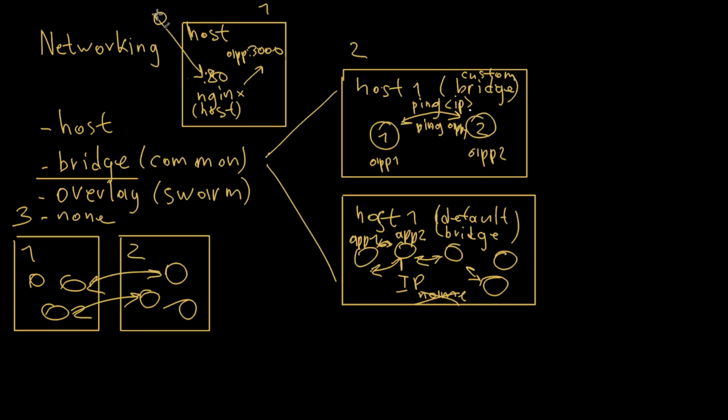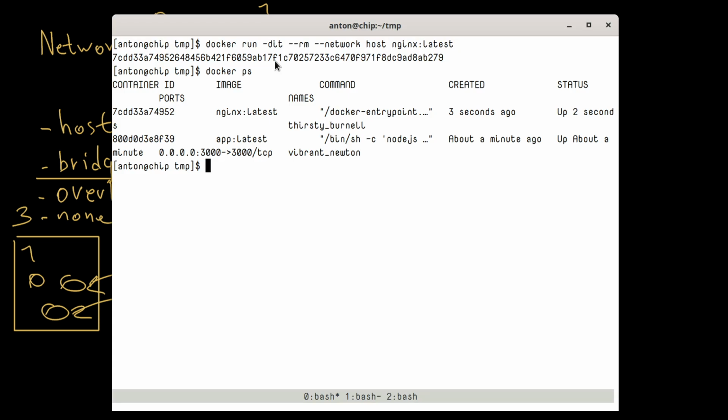And then let's try to first access Nginx and ping our application running on localhost. Docker attach. Well, we don't need to attach, we need to exec, because attach won't show us the interactive prompt. It will show us the output of the Nginx container's default command.